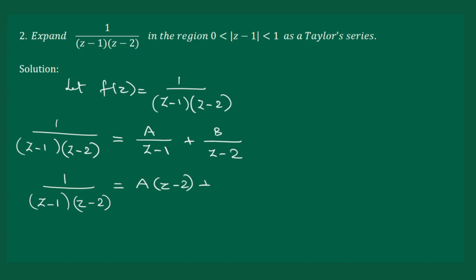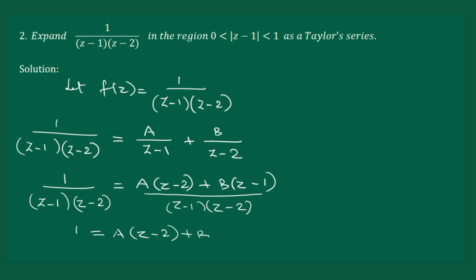So that 1 is equal to a into z minus 2 plus b into z minus 1.